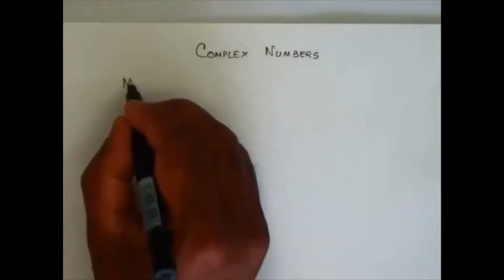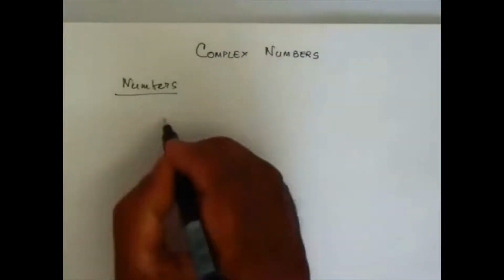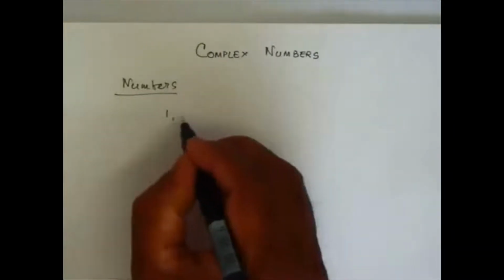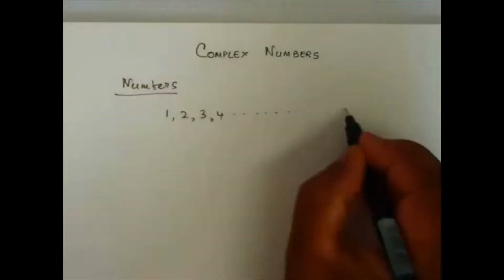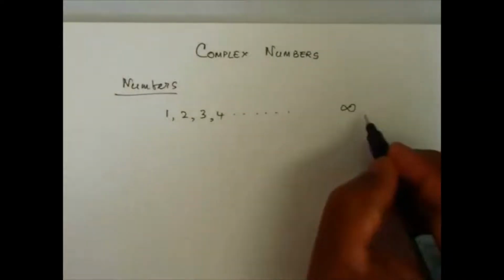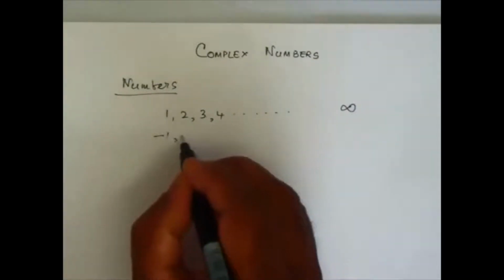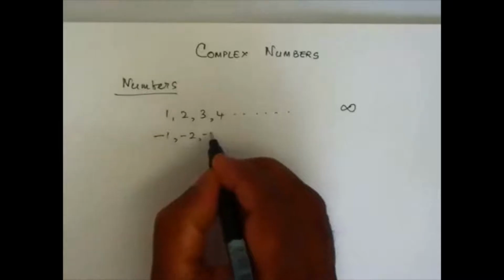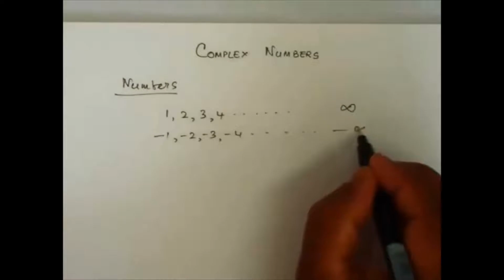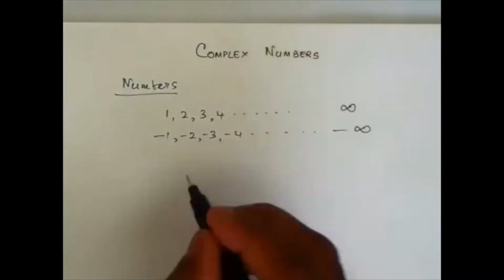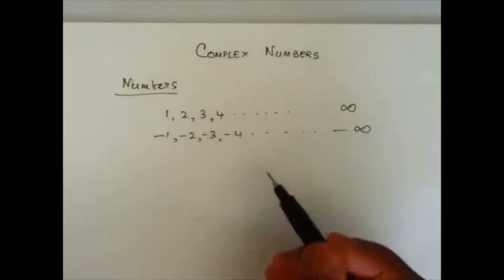The numbers in mathematics, for example 1, 2, 3, 4, like that up to infinity, we say they are positive numbers, and then of course we have negative numbers as well, -2, -3, -4, like that down to negative infinity. These are what we normally call numbers.